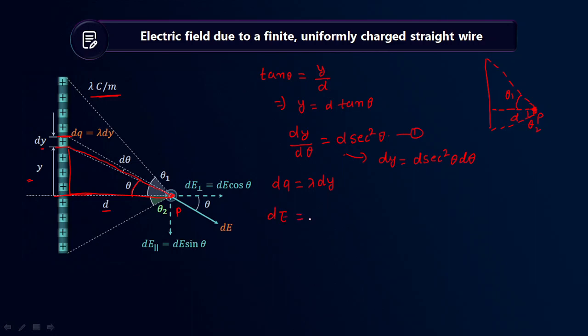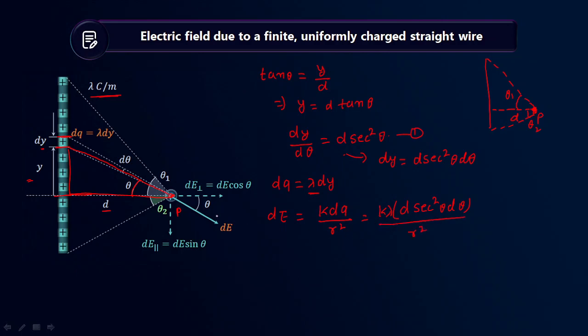So we can write dE equals k dq divided by r square. Just put the values. Dq is lambda dy, so k lambda we can take out, and d sec square theta d theta divided by r square.